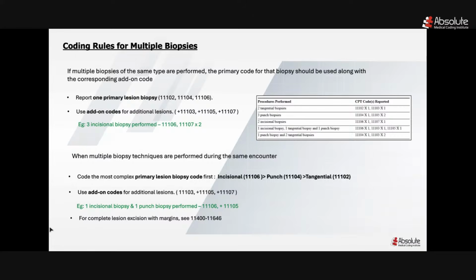Okay, so here is another example. In a scenario where one incisional biopsy and one punch biopsy are performed, as per the hierarchy, you should code for the incisional biopsy first. So the primary code for the incisional biopsy would be 11106, and then you have to code the add-on code for the punch biopsy, and that would be 11105.